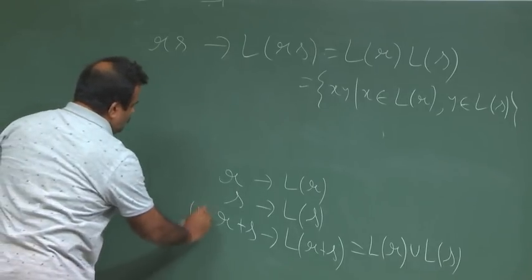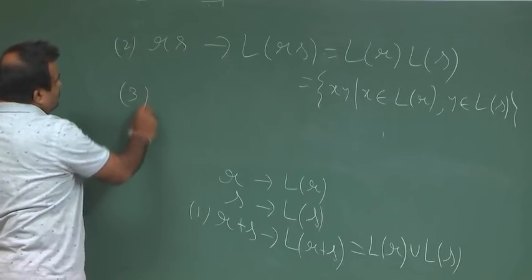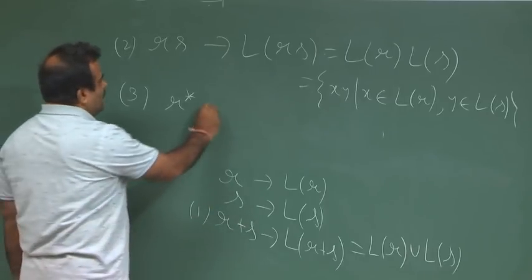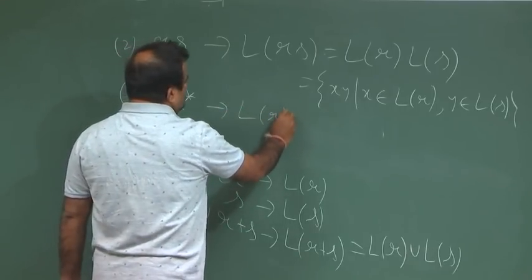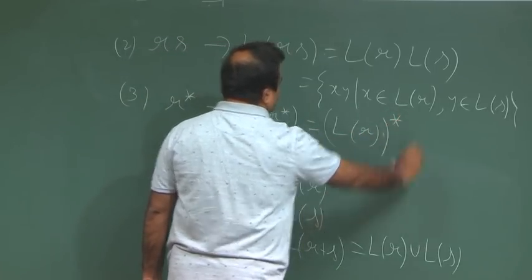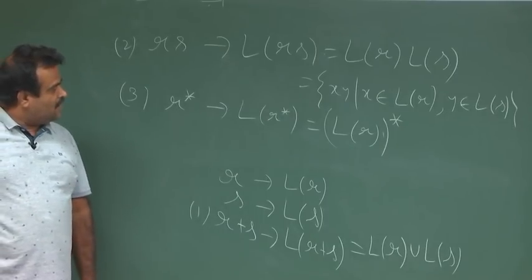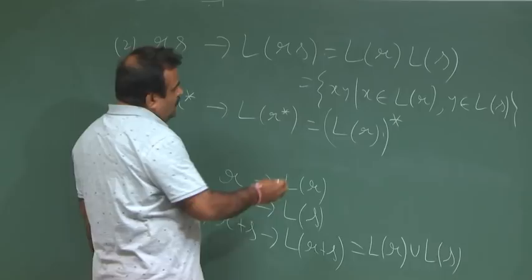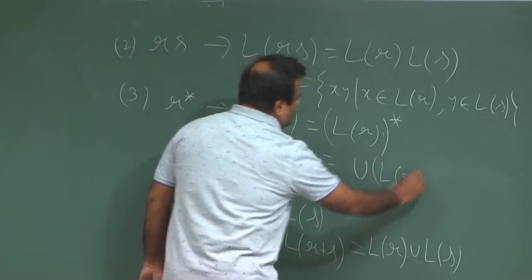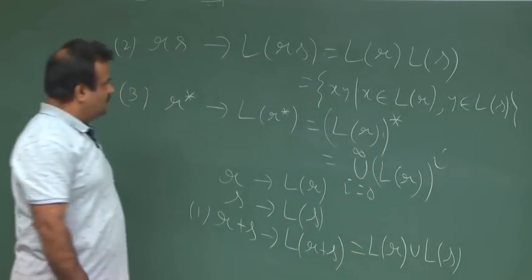So, this is one recursive definition, 2, and then 3 is R star. R star is also a regular expression, and the language corresponding to this is like this, the union for i from 0 to infinity.